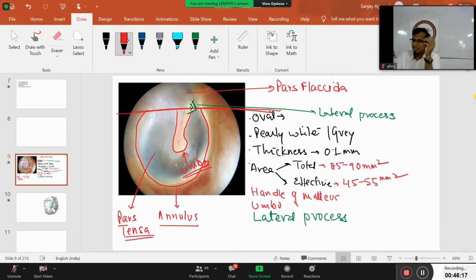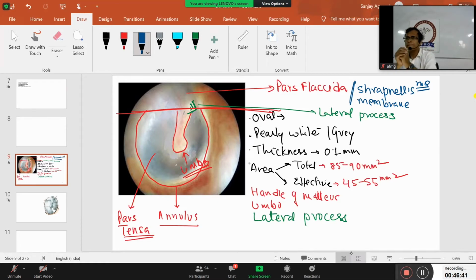But the question is, MCQ, that pars flaccida has one more name. And this is a very important MCQ. What is the other name for pars flaccida? Very, very popular question. It's called Shrapnell's membrane. Remember this. MCQ. Shrapnell's membrane is the other name for pars flaccida.